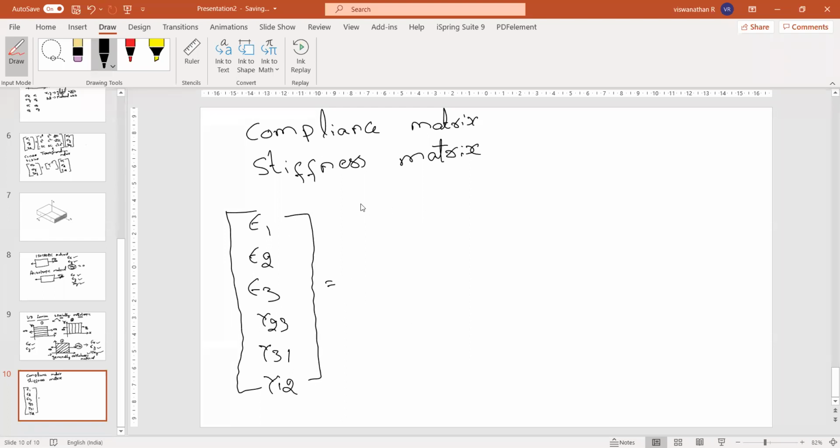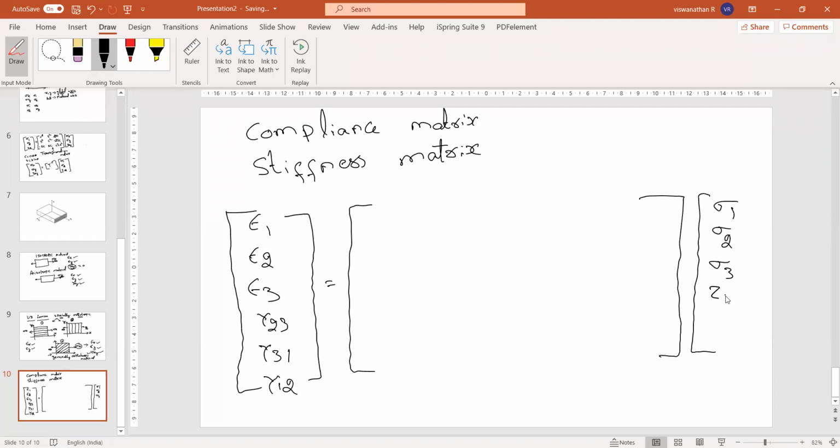Is equal to, what is this matrix called? What should come in between? Transformation matrix.